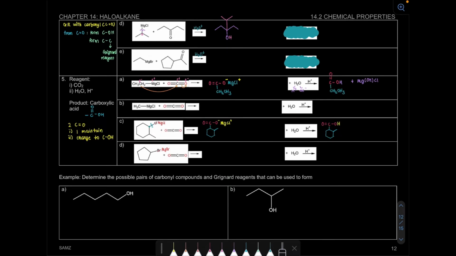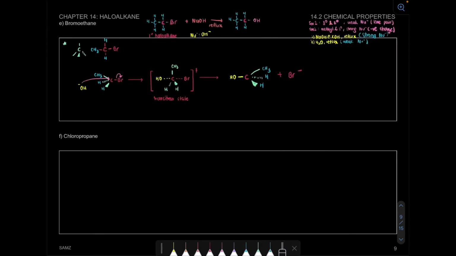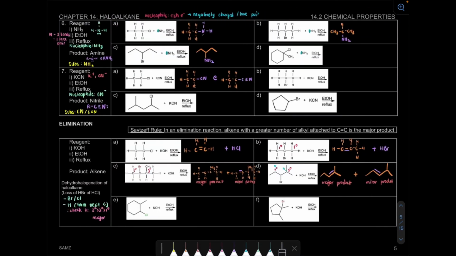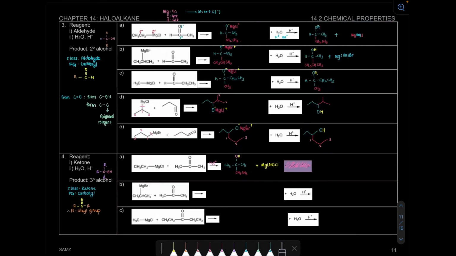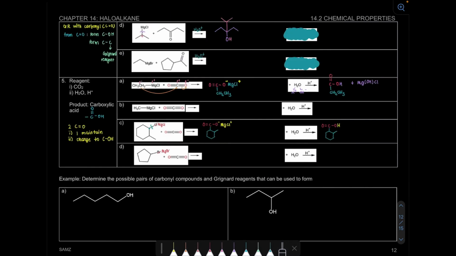Okay, so now we're going to look at the example on page 12. If we look back at our learning outcome here, we have to determine the structural formula of alkane, alcohol and carboxylic acid prepared using Grignard reagent. So let's discuss this question.